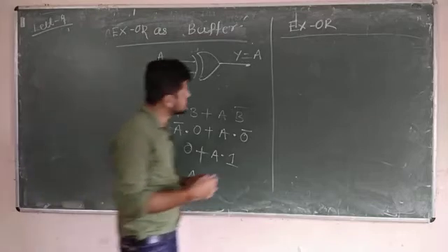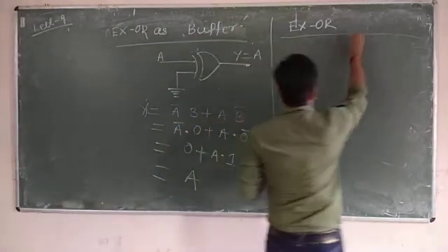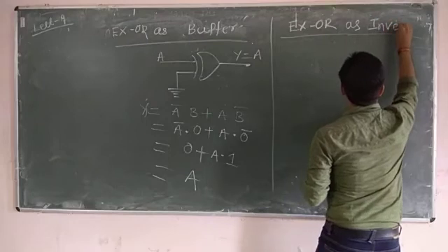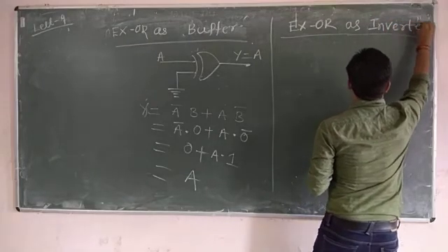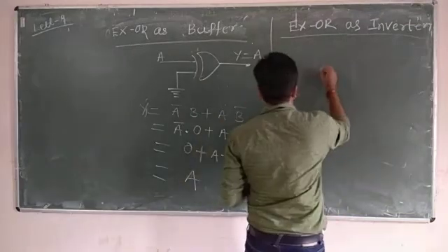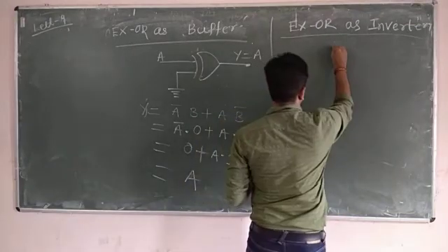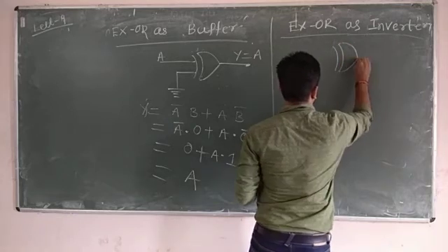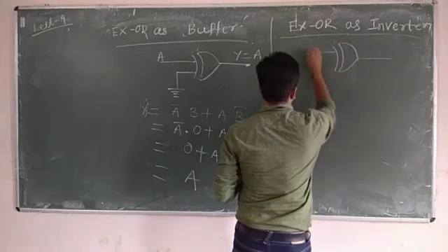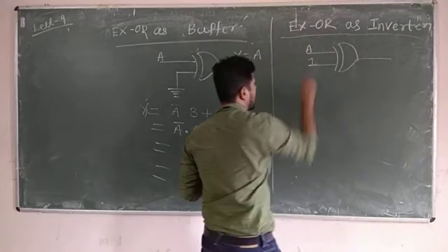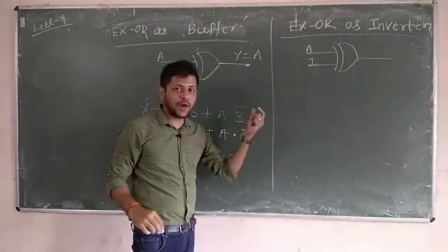So exclusive OR as inverter. Now I am going to show you when this exclusive OR gate acts like an inverter. One of the inputs is applied at A and another input is permanently applied to 1.